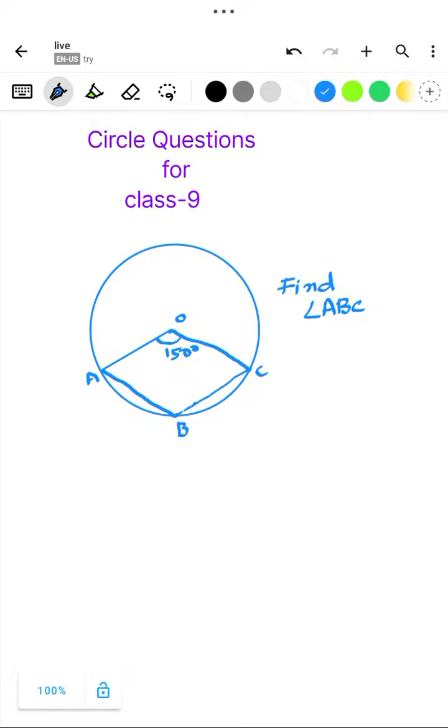So here what we will do, we will take a point P on a circle somewhere here. So suppose this is a point P over here, and we will join AP and PC, like this. Okay.